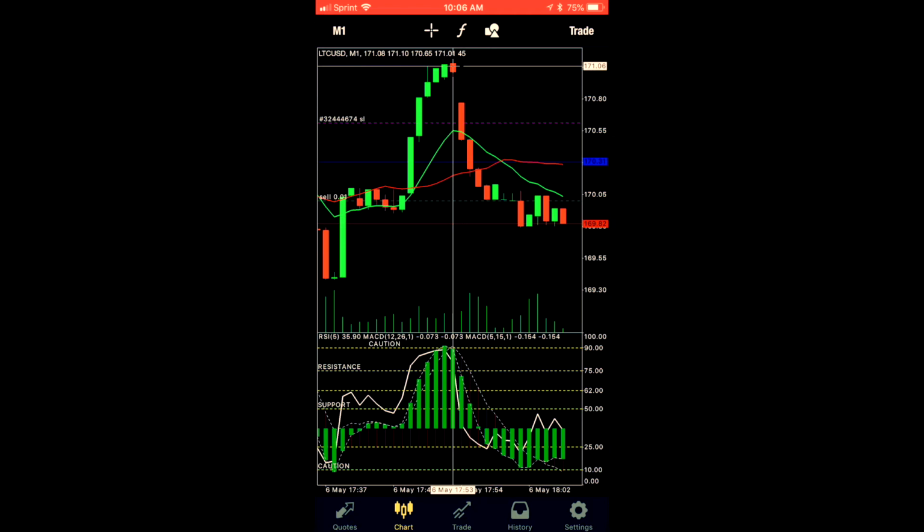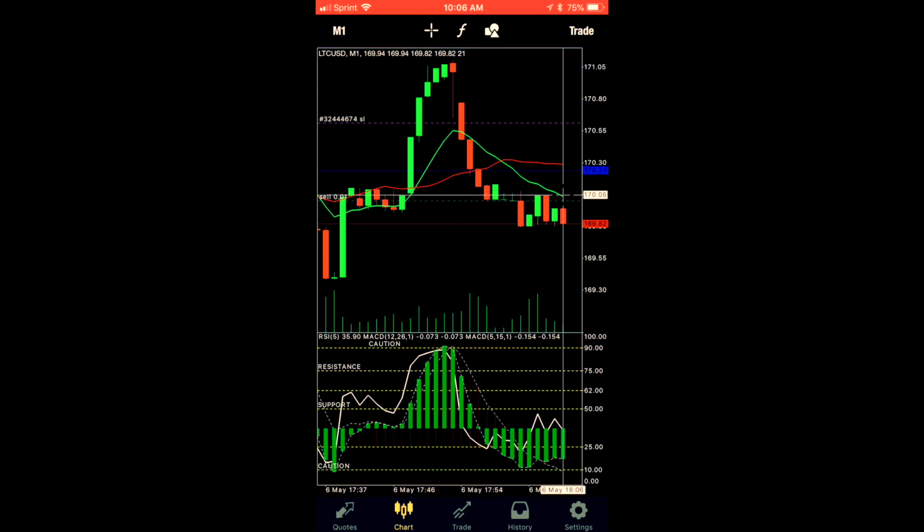If I go one more bar, you can see that the MACD starts to cross over. When it starts to cross over, that's when you want to be wary of the sale. It's about to switch from a long to a short, on this side.